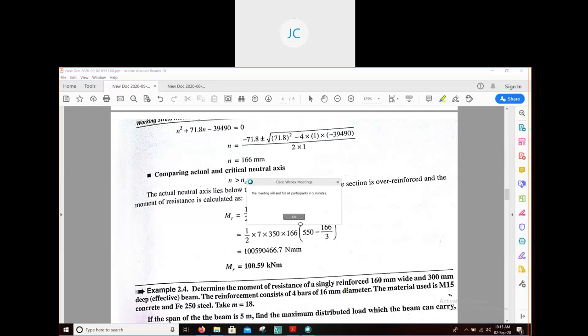Have you got the answer? How much is the actual neutral axis?